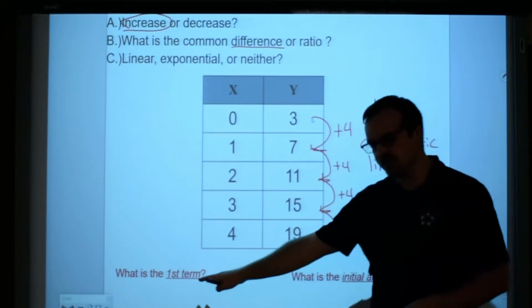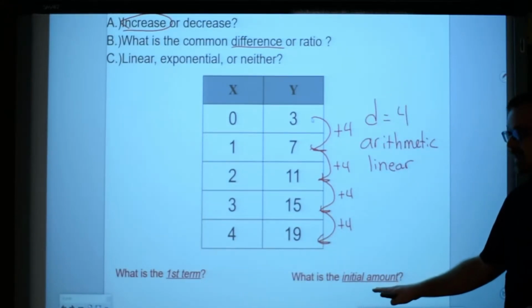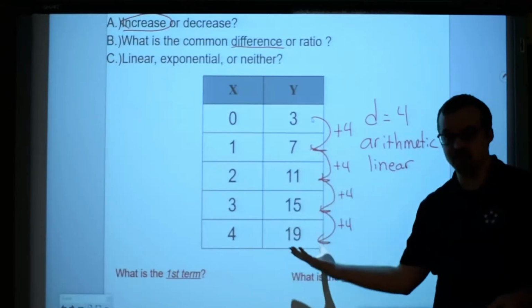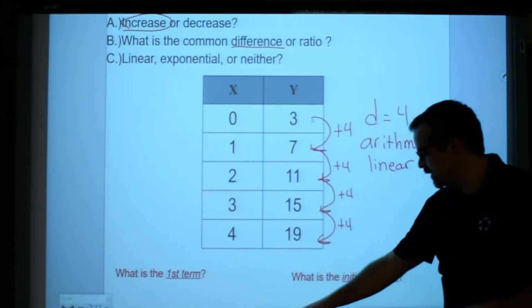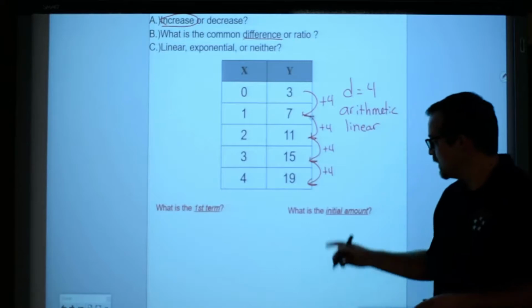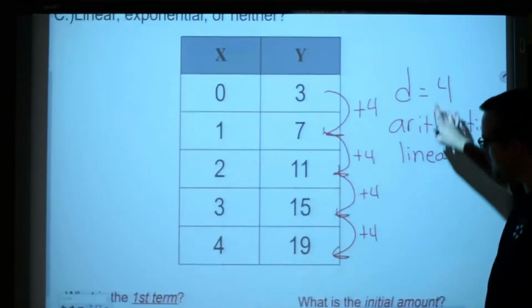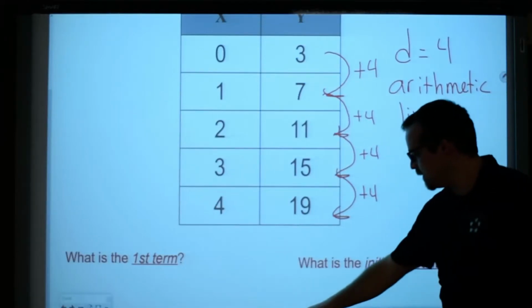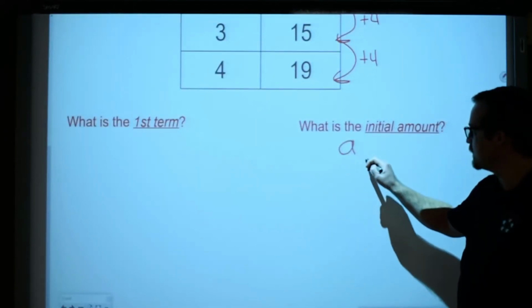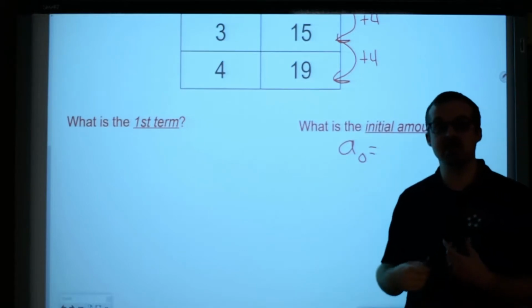Right, so let's move on to these next two questions down here. What is the first term, and then what is the initial amount? And that's probably the most confusing thing from tables. We remember back when we were talking about exponents, that initial amount was represented by the symbol A sub 0, and that's how we represented the initial amount.